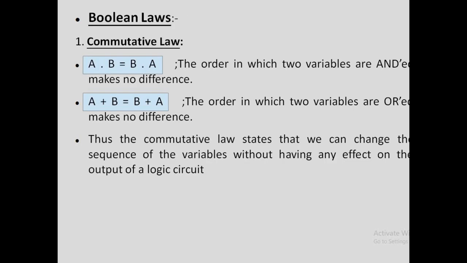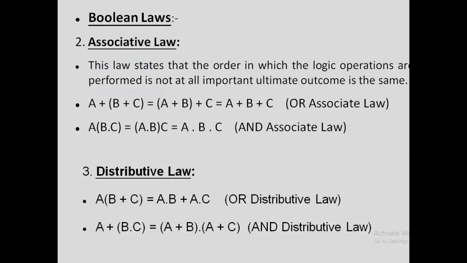First law, commutative law: A dot B is equal to B dot A. The order in which 2 variables are ANDed makes no difference. Next, A plus B is equal to B plus A. The order in which 2 variables are ORed makes no difference. Thus, the commutative law states that we can change the sequence of the variables without having any effect on the output of a logic circuit.